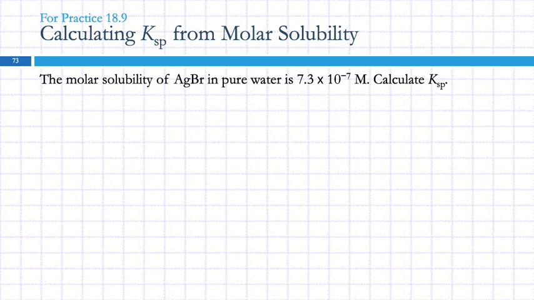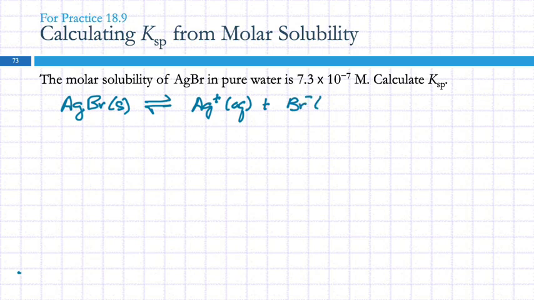So we're turning it around here. Calculate the KSP given the molar solubility. Well, we're going to approach it in the same way. Let's look at what's happening here. Silver bromide, solid, in equilibrium with silver ions and bromide ions.